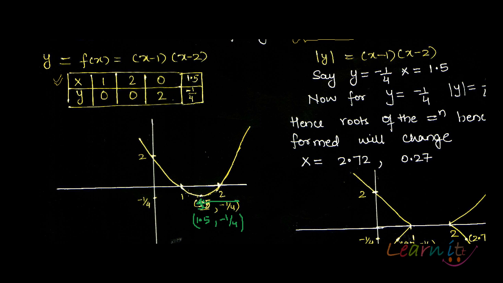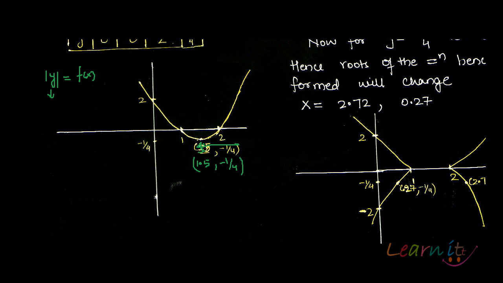Now that means when I look at mod y equals whatever f(x) I have, this curve will change, because the modulus value of y will only be positive. So what will happen essentially?